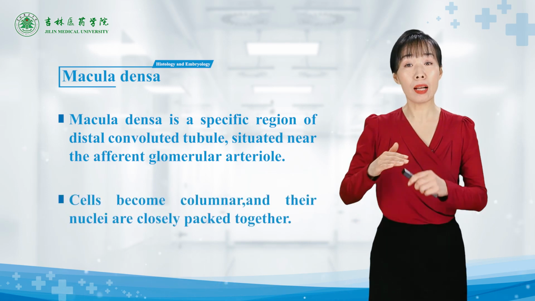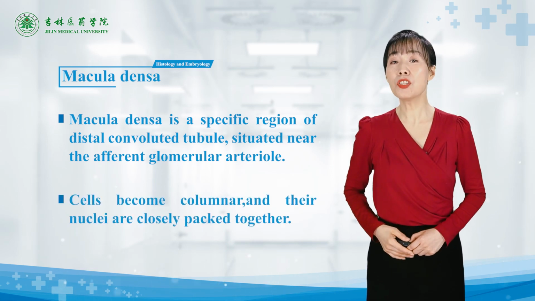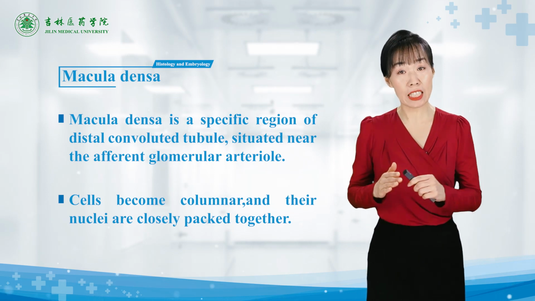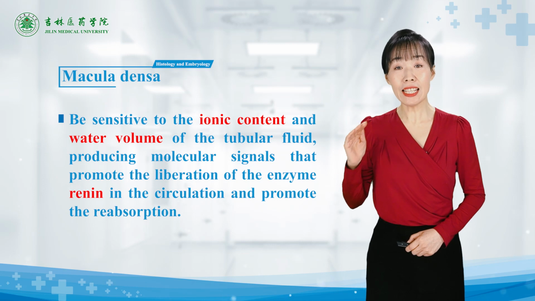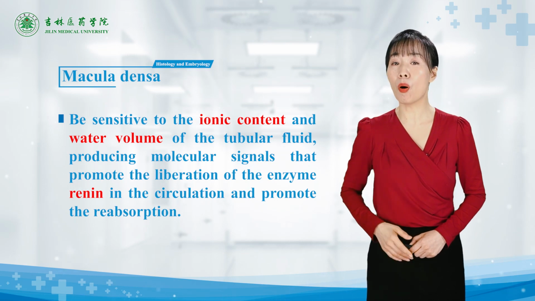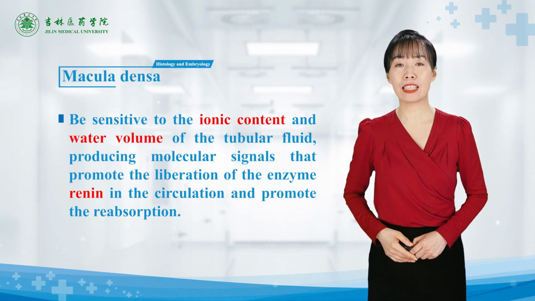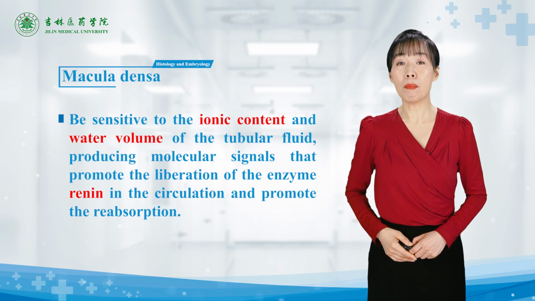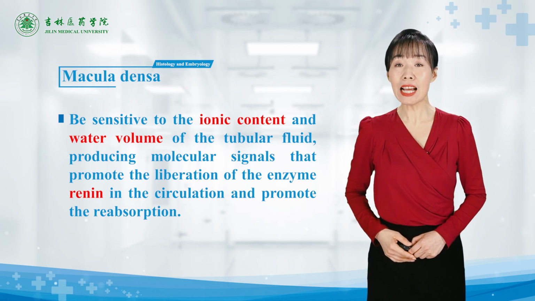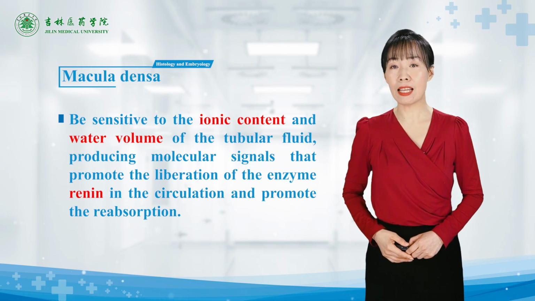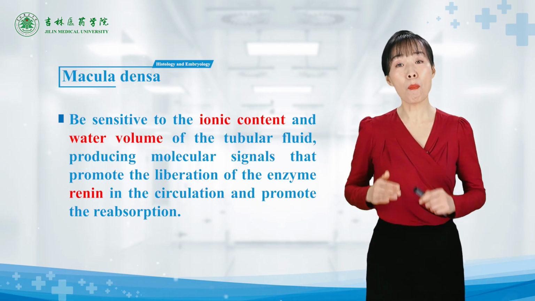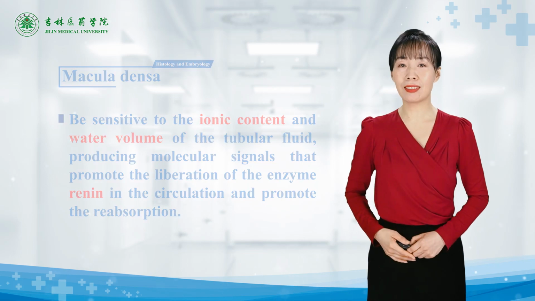Cells become columnar and their nuclei are closely packed together, being sensitive to the ionic content and water volume of the tubular fluid, producing molecular signals that promote the liberation of the enzyme renin into the circulation and promote the reabsorption.